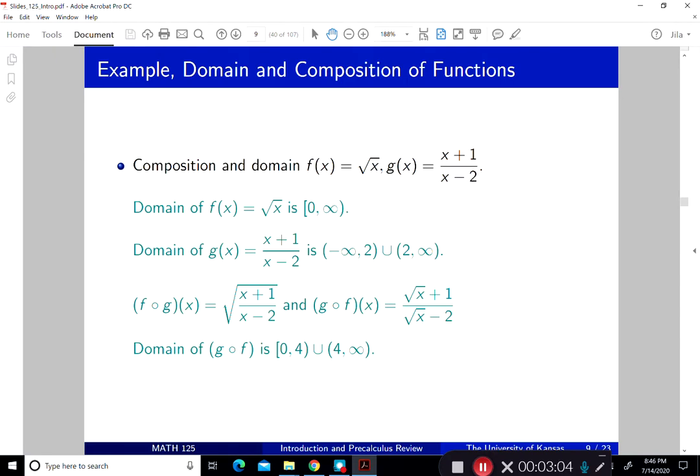Basically, the domain of the composition has to be a subset of the domain of the inside function. Then when you make the composition, you want to exclude anything that makes the composition not to be defined.